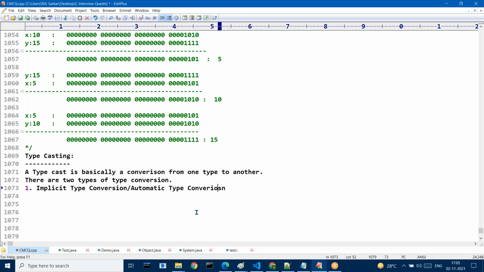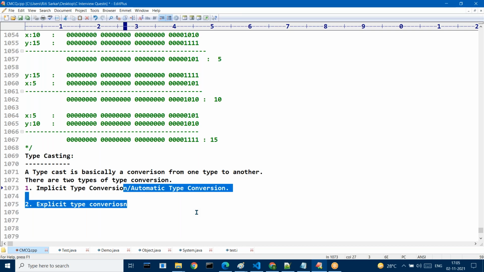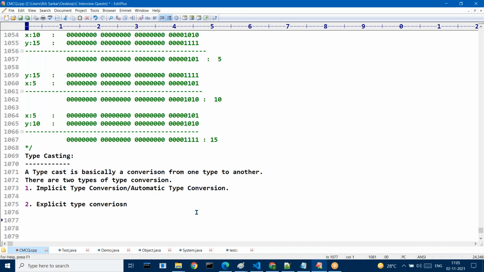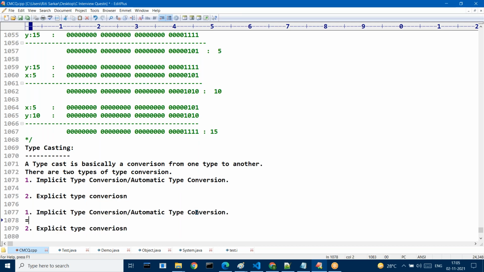Another one is called explicit type conversion. So these two type conversions we have: one is implicit or automatic type conversion, another is explicit type conversion.